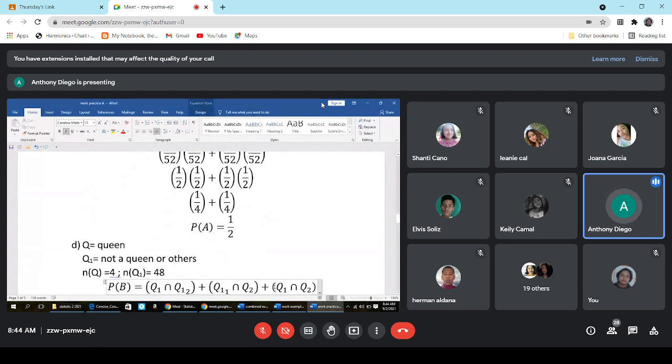Now, these are the different possibilities because they didn't say. You could draw a queen at your first pick and not a queen for a second pick. This is not a queen.